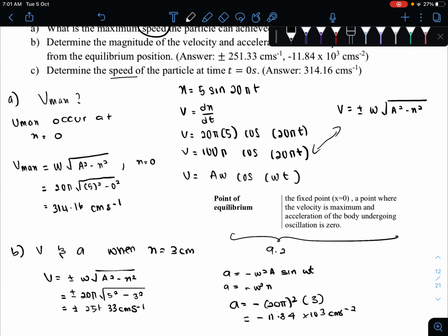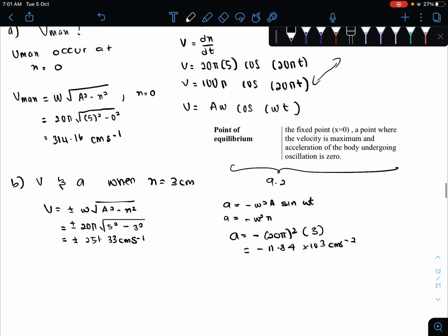And then finally, determine the speed of the particle at T equals 0. So they ask to find V when T equals zero. So now we can use the equation for V, that is V is equal to A omega cos omega T here, because the question gives T equal to zero and asks for V. So you're going to use an equation that has something to do with time here.